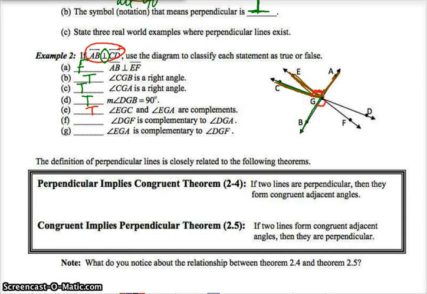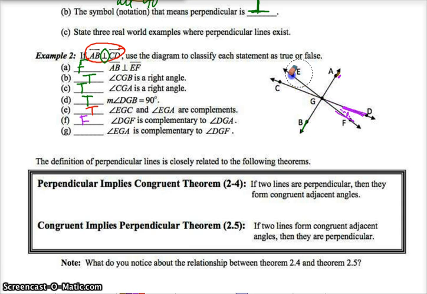Is DGF complementary to DGA? Okay, now look at this one. Is that going to be complementary? No, that's false, because this is beyond the 90 degrees. This is within this 90 degrees. This would be 90 degrees over here on this side. So see this red mark right here? So we have this 90 degrees plus something additional. So no, that's false. These are not complementary to each other.